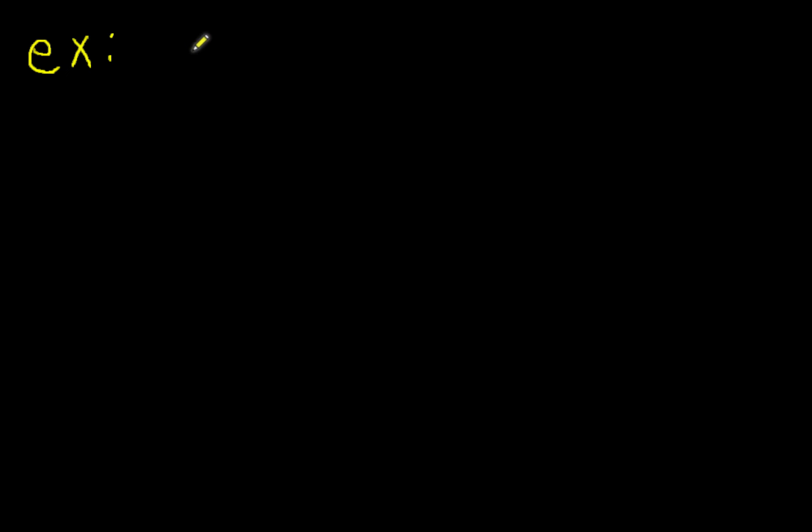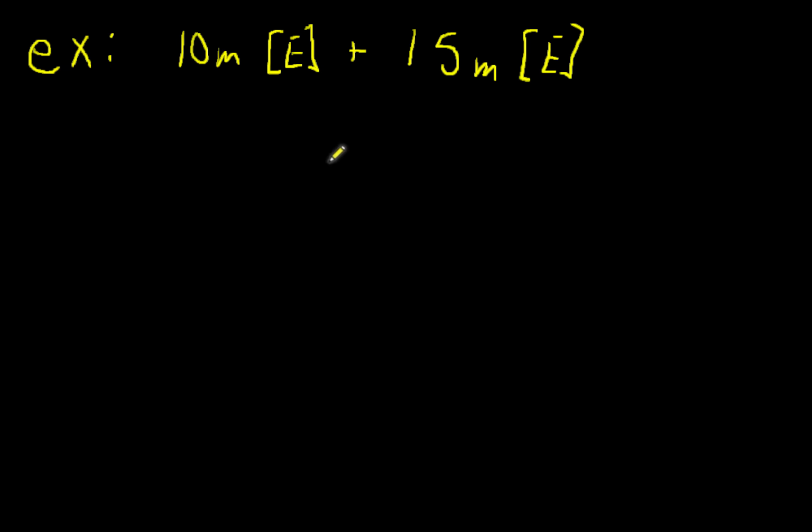For example, the vector 10 meters east plus 15 meters east. These are collinear vectors because they're both pointing along the east line.